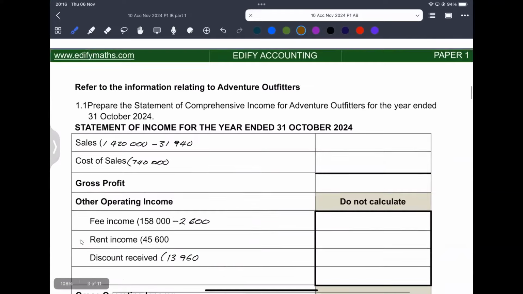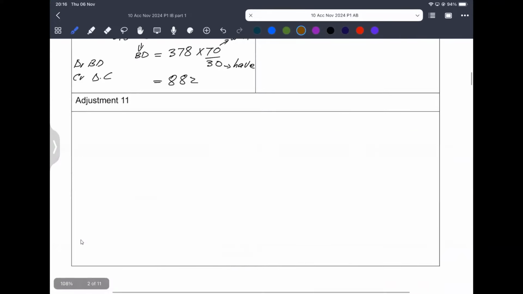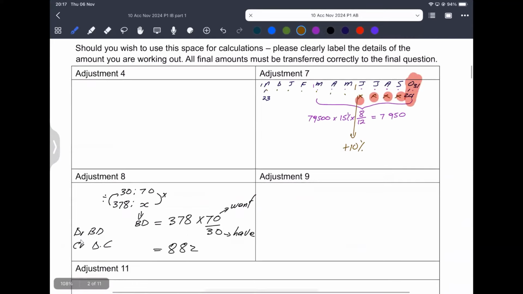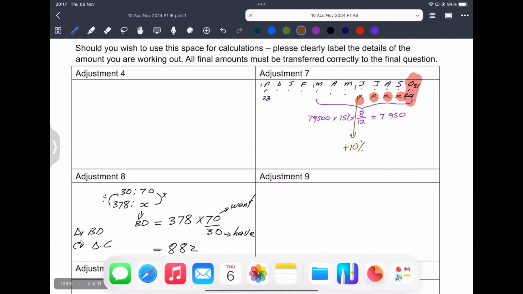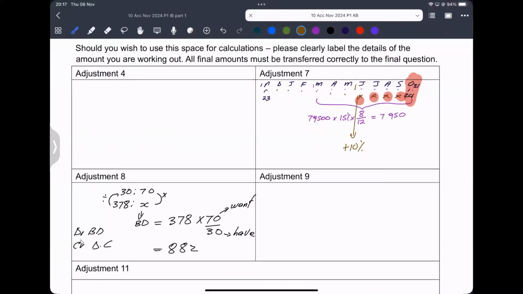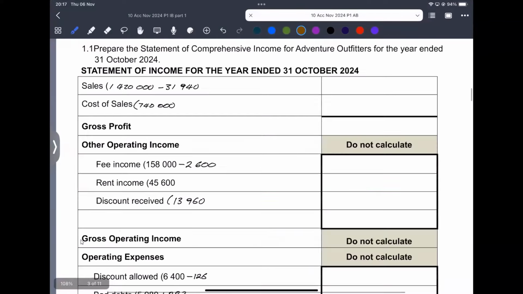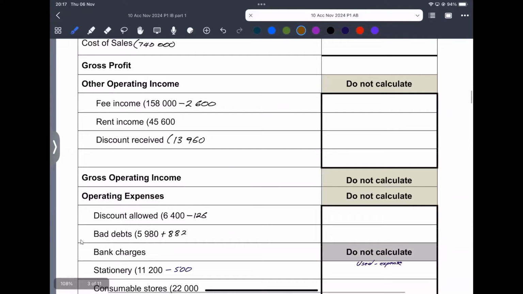If it's not there, don't throw in the towel. Here it is, it's 45,600. So it means that rent for the year, if I have to go back to this calculation, it will be 45,900. Okay, let me check again. If that is true, it was 45,600.